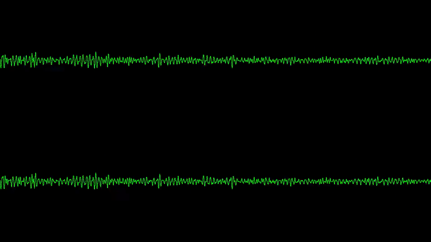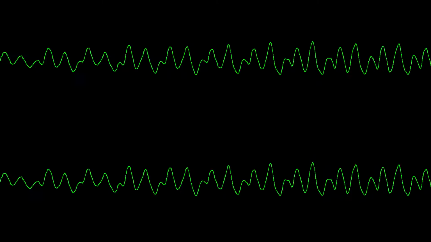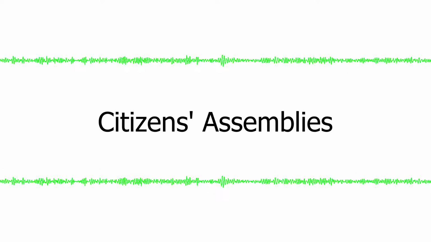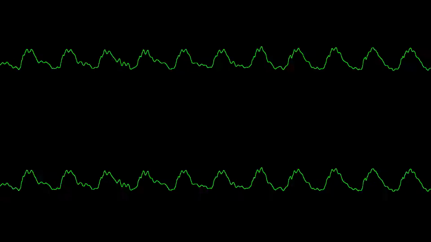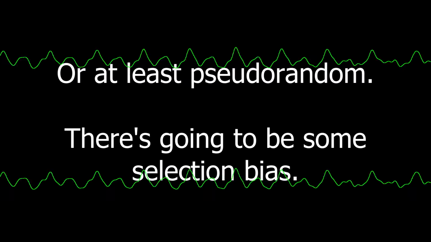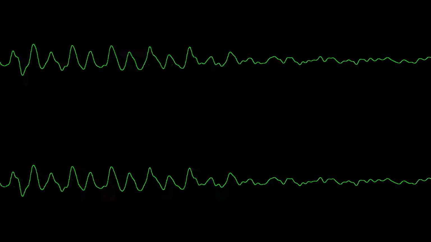If we have too much data to go through, we know how to solve that. We take a random sample. That's right, I'm talking about citizens' assemblies. The basic idea behind one is that we take a representative random sample of the country or whatever electorate we have.